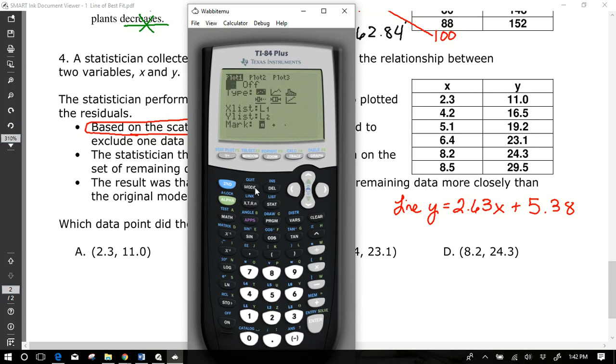After I do that, I am going to hit zoom and number 9. Zoom number 9, if we scroll down and look at what it says, zoom stat. We're working under the stat button, so any information typed in here will be displayed with the zoom stat button. So that's 9.